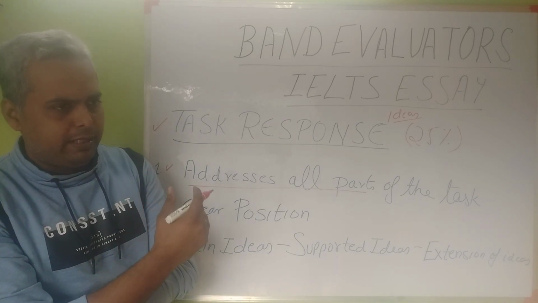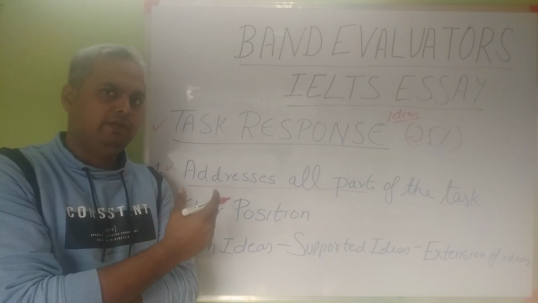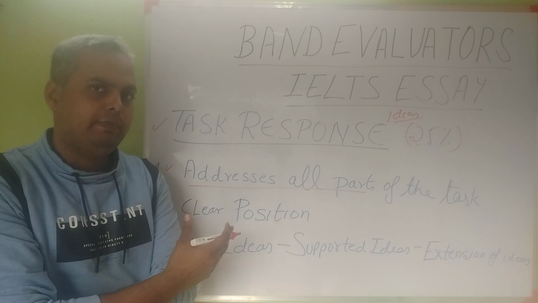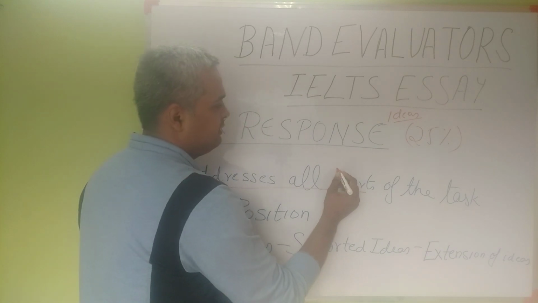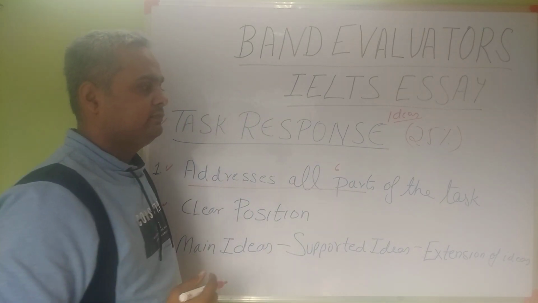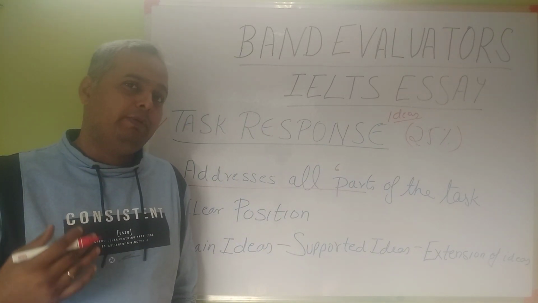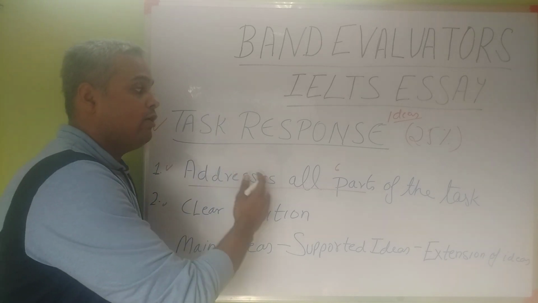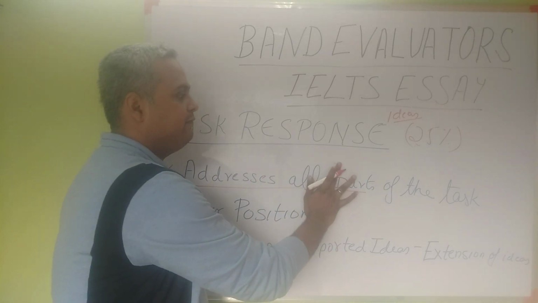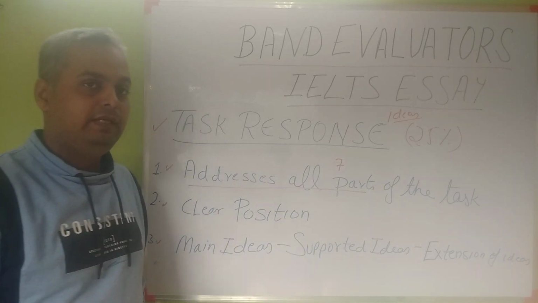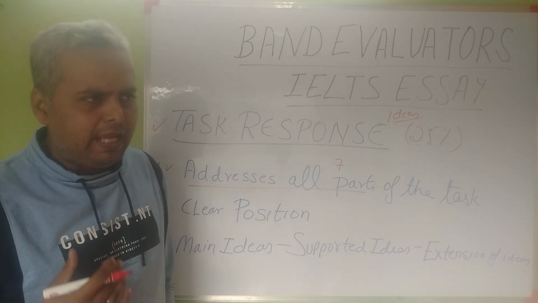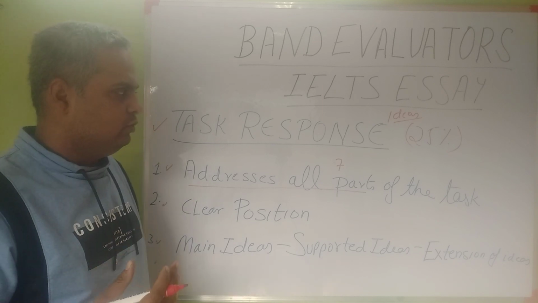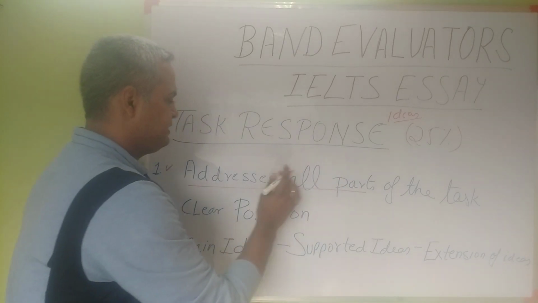Sometimes some parts may be fully covered, but others wouldn't be. In that case it would be around a 6 band. And if you are covering or addressing all parts of the task, then you will get a 7 band in this particular task response segment. Now, sometimes what happens is that you sufficiently address the task.